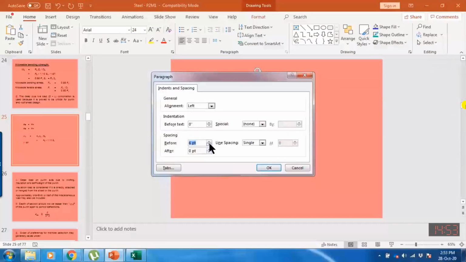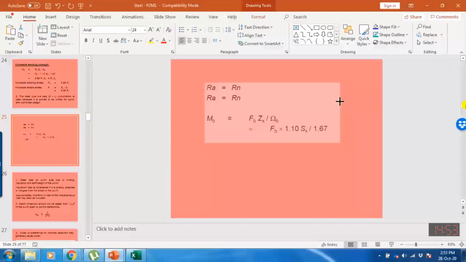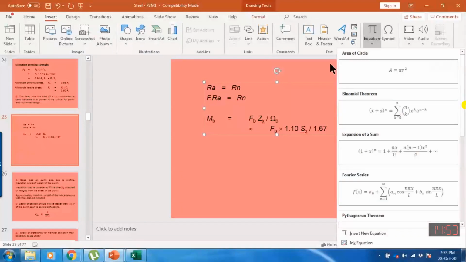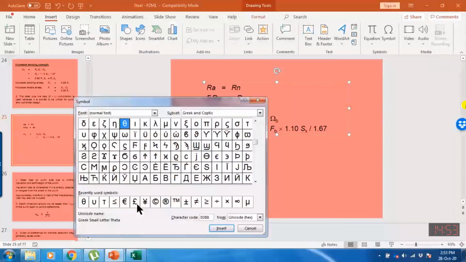So in LRFD, this equation will be, if I multiply with the factor F1 on this side, we may have the phi value over here. So this is the design equation in LRFD.